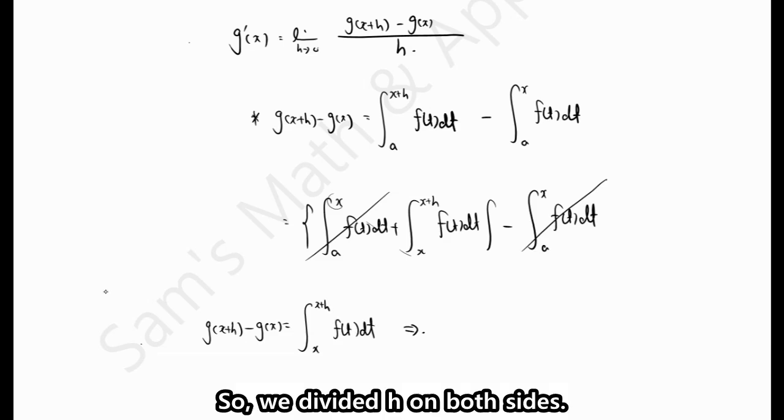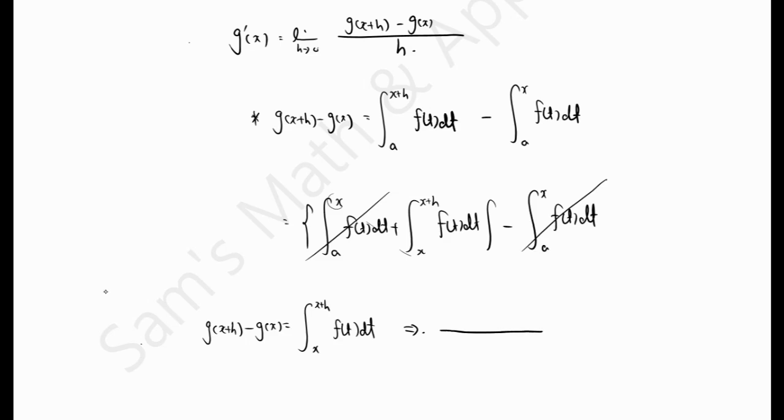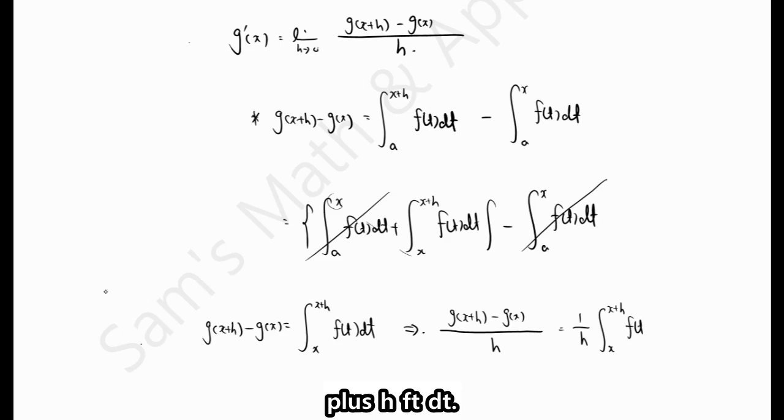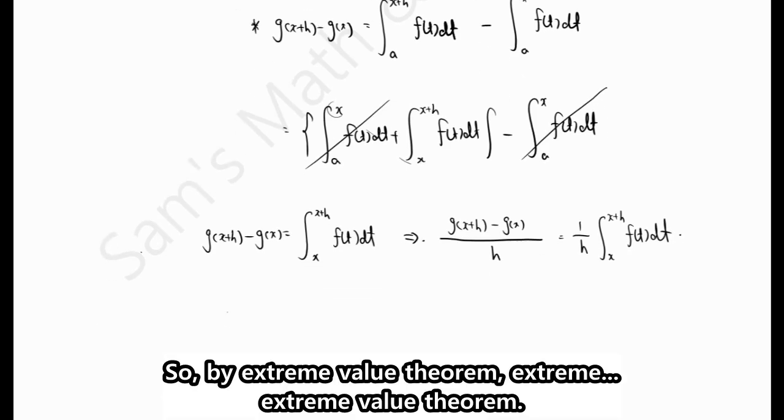So we divide by h on both sides. So g(x plus h) minus g(x) over h equals 1 over h times the integral from x to x plus h of f(t) dt. So by the extreme value theorem.